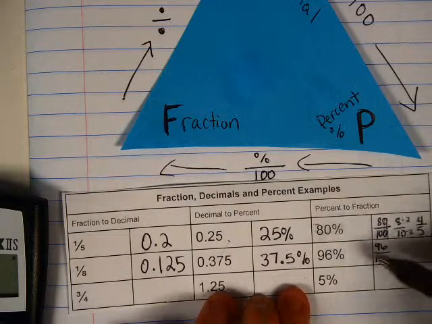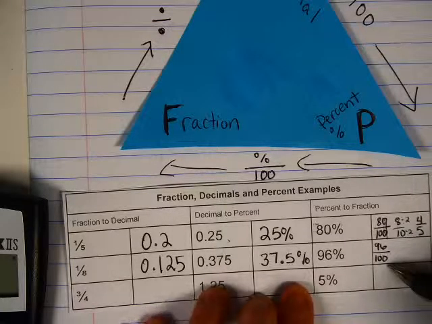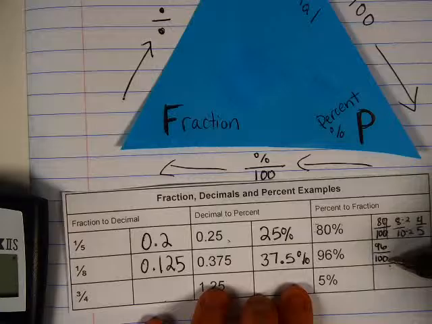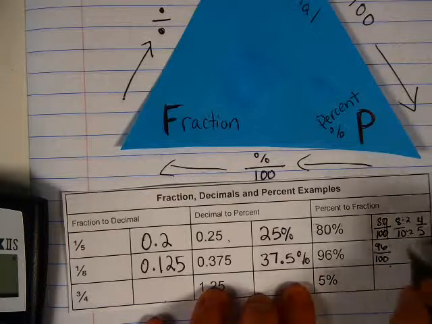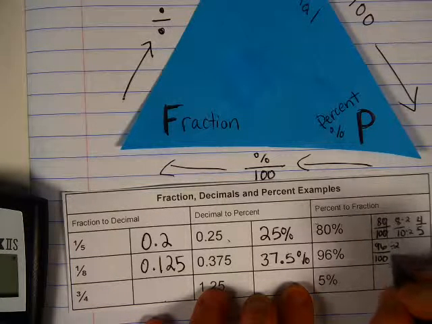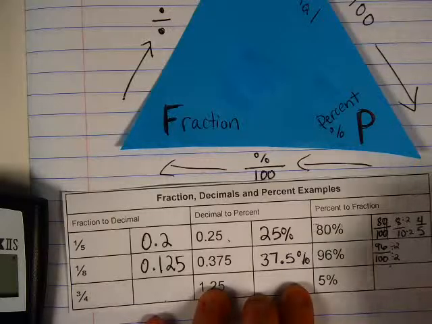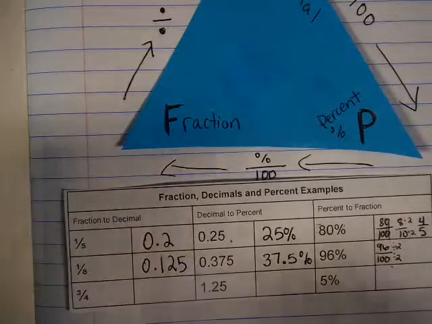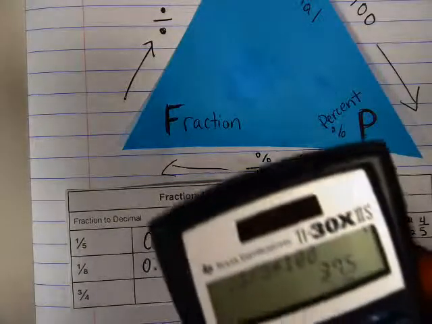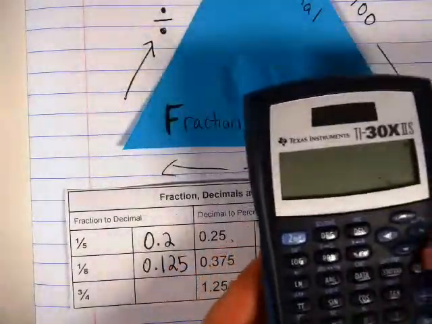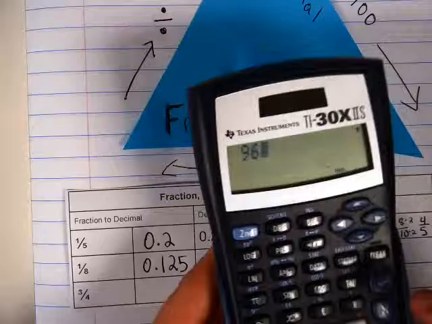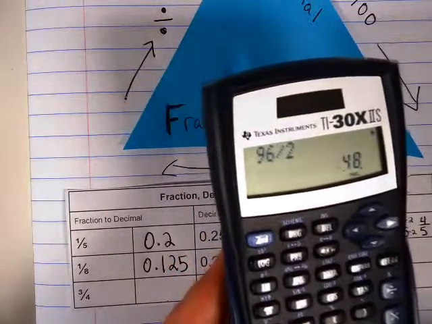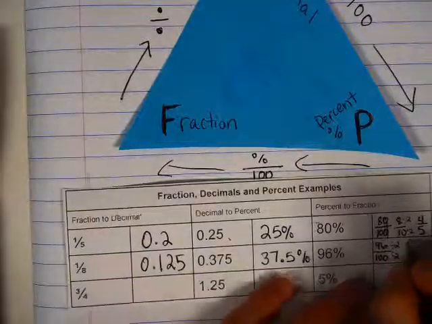Now, you use your divisibility rules that are already in your journal, and you're going to see that any time there are even numbers, you can divide by 2. So if off the top of your head you know what 96 divided by 2 is, awesome. If you don't, you have a calculator. 96 divided by 2 is 48.